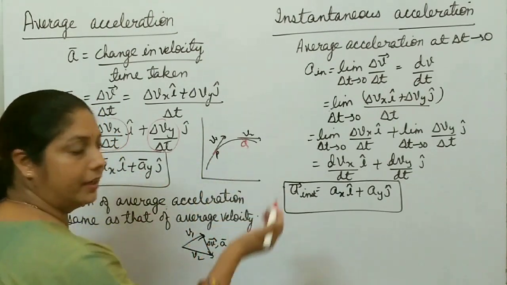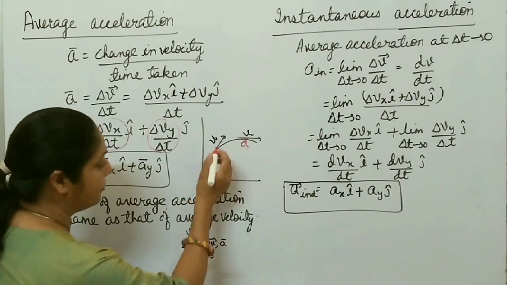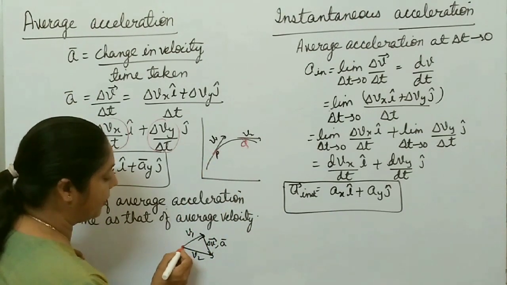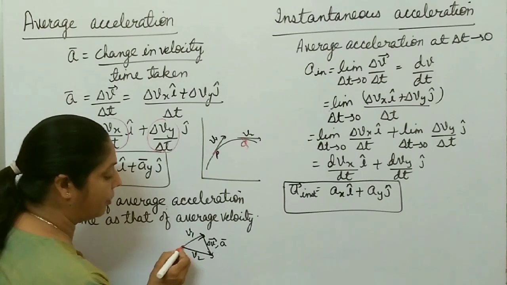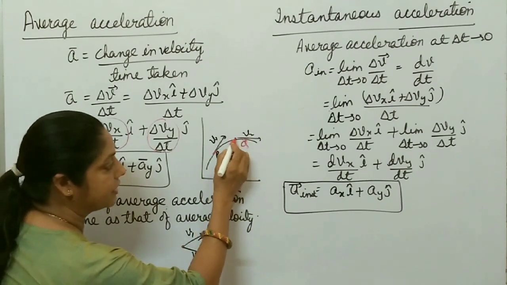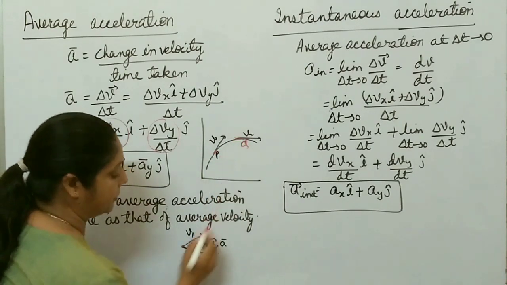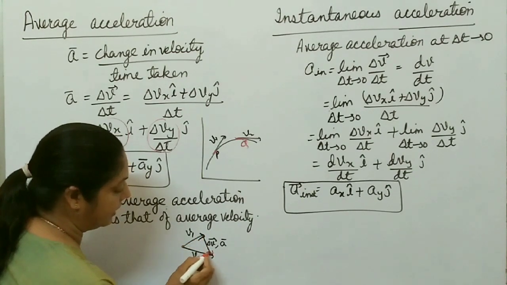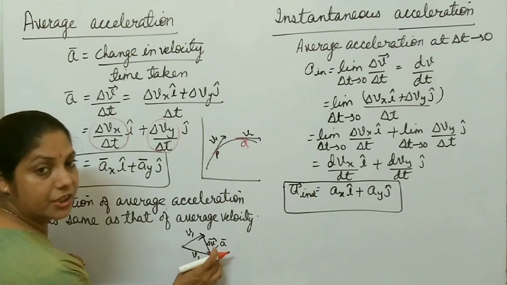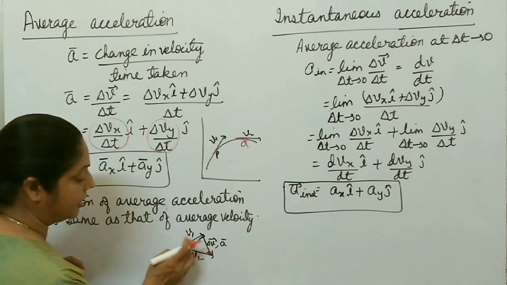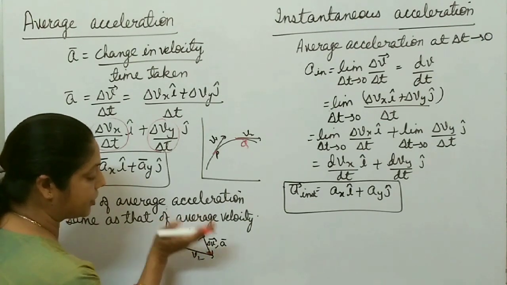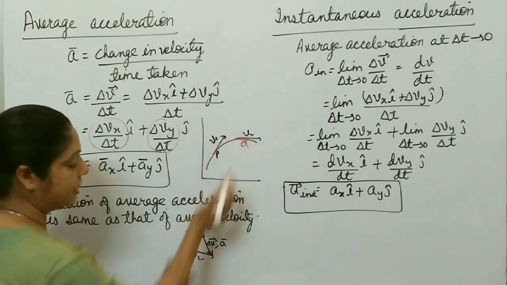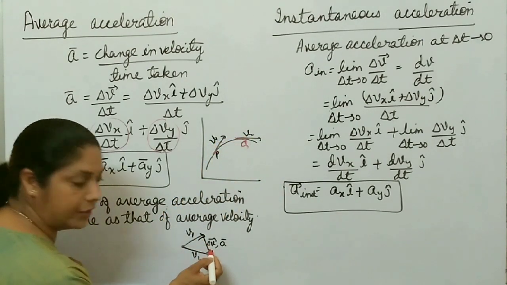So using triangle law, first you draw V1, and from the same point you draw V2. V2 is along this one, right? So this is delta V, the change in velocity. V1 is along this direction, V2 is along this direction, and this represents change in velocity.